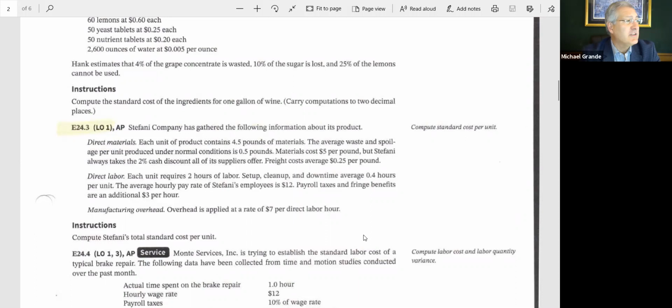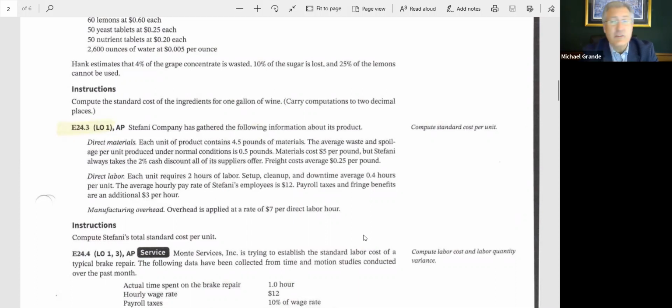Freight costs average 25 cents a pound. So they're giving you information that you need to come up with the standards. You need to develop quantity and price assumptions. Now, this problem is very similar to the very beginning of the Exonic Tonic Beverage Company example, where the first step that they took was to develop the standards. That's what they're asking you to do here, develop the standards.